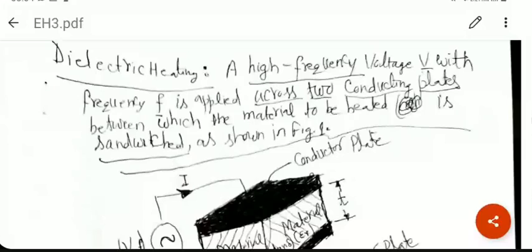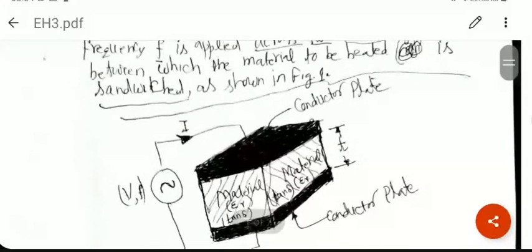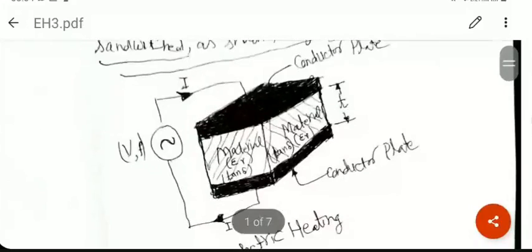Now, conceptually, what we are doing is we have the material to be heated sandwiched between two conducting plates, and the voltage supply is connected across the two plates.